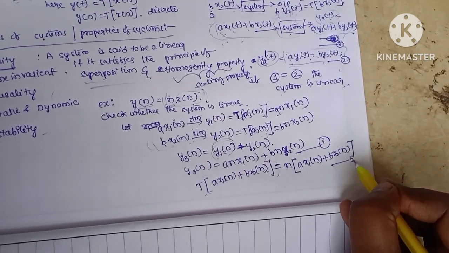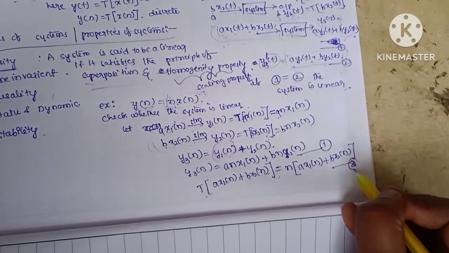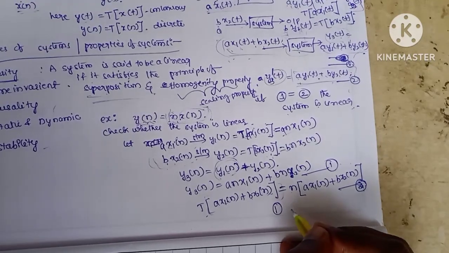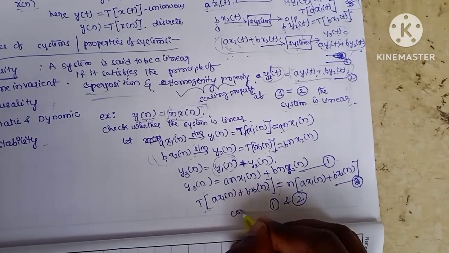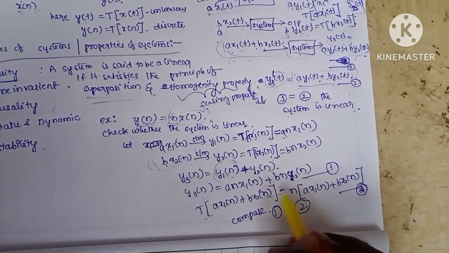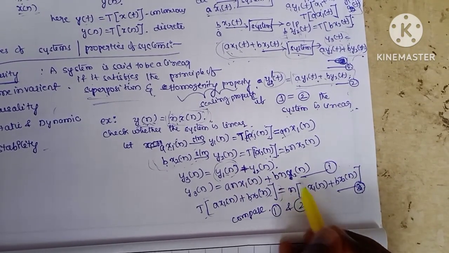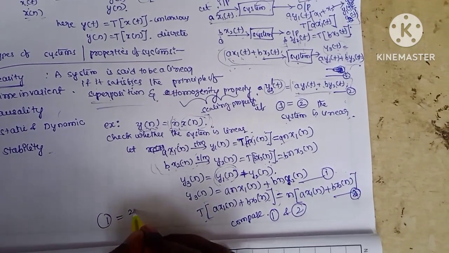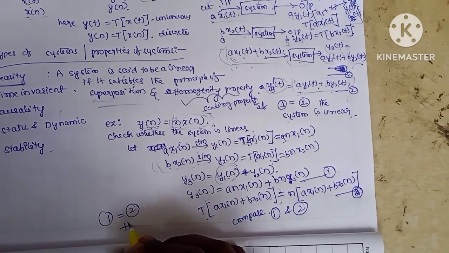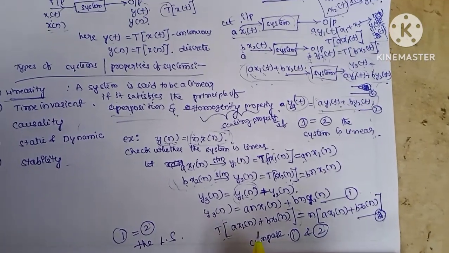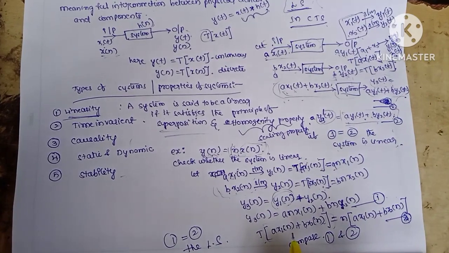So this is 2. Compare 1 and 2. Are they equal? Yes, they are equal. So 1 is equal to 2, then the system is a linear system.